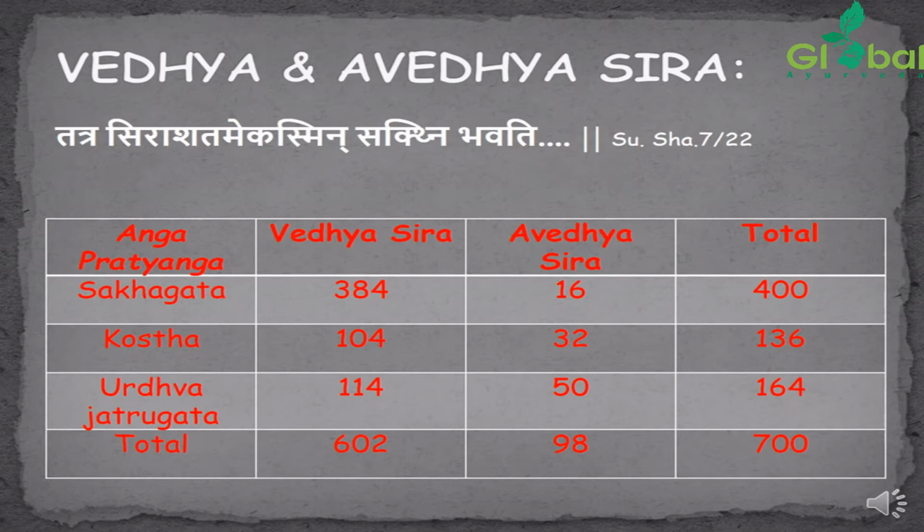These are called Avedhya Sira, which should be avoided especially by the surgeon to prevent further complications of the body. And the 602 Vedhya Sira can be punctured during any surgical procedure as well as in the Rakta Moksha procedure.